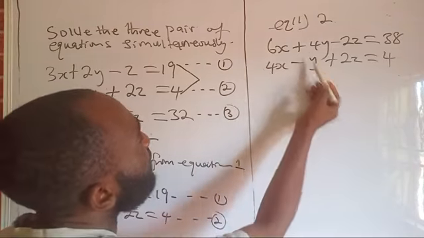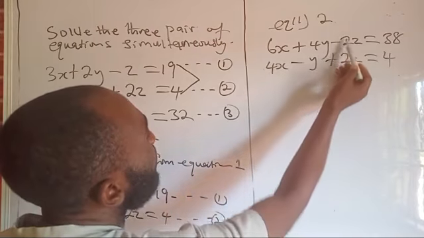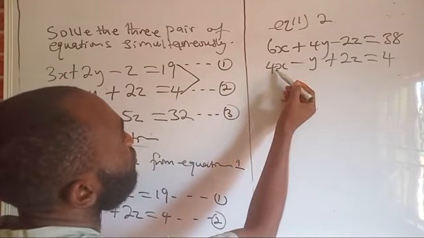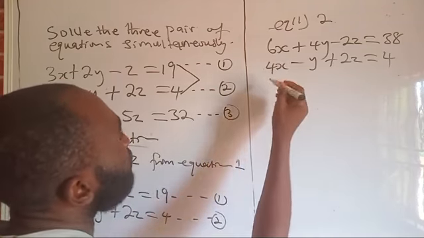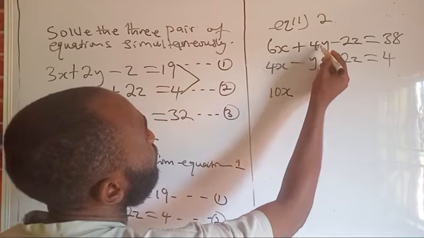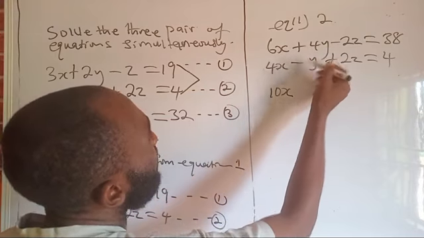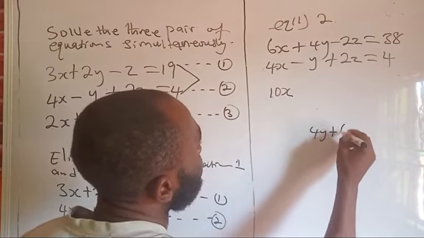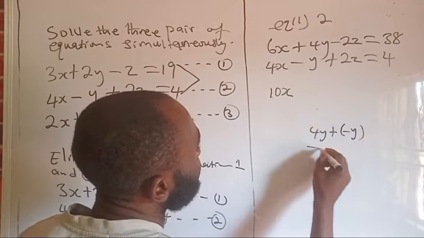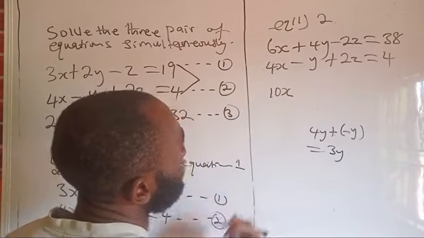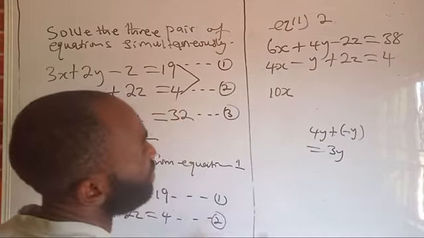So we add this to this: 6 plus 4 gives us 10x. 4y plus minus y, the minus sign overcomes the plus sign, gives us 3y.